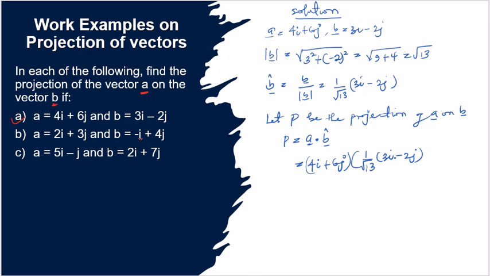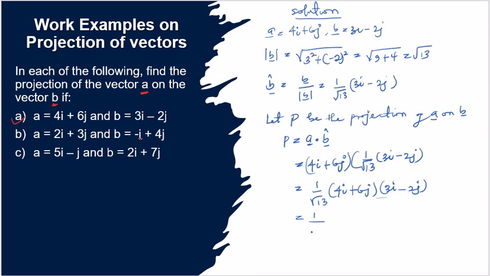Mathematically, this can also be written as 1 over root 13 times 3i minus 2j, so that we can find the dot product of these two.